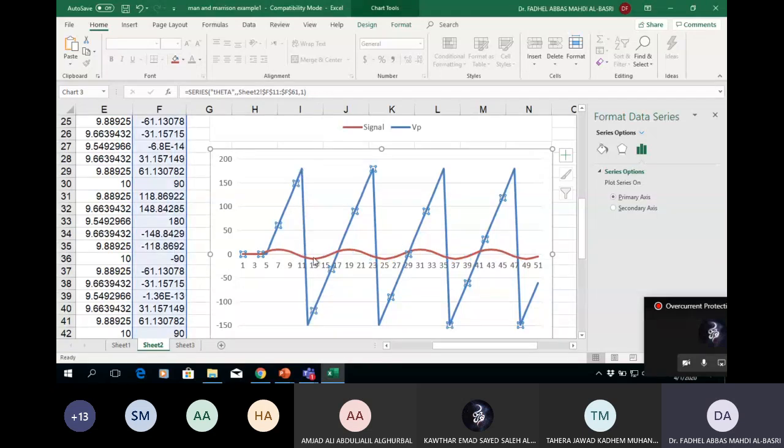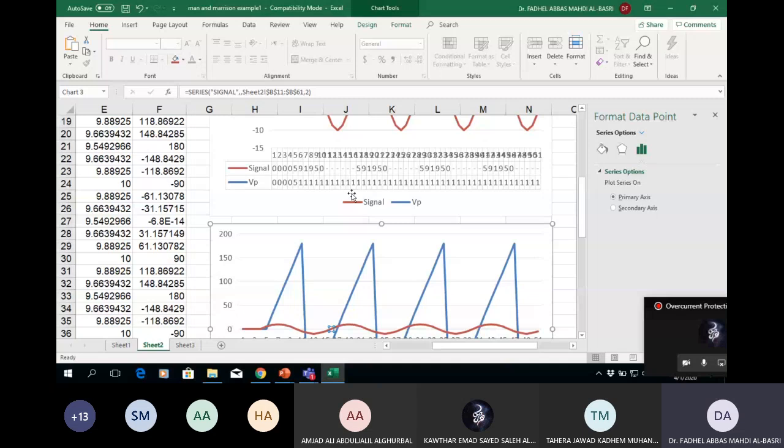Okay, and what is the angle at this point? It is 360, but here we have only up to 180, then it changes the angle to negative. So once it reaches 180 degrees, it will change to minus 180 and continue. Okay. So this is the angle of the signal that varies with time.